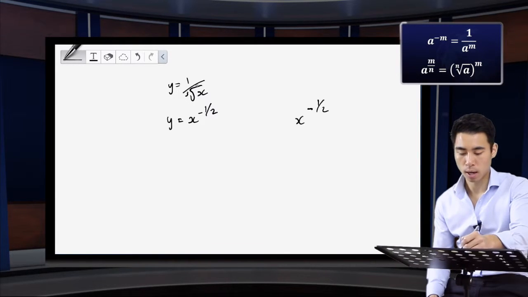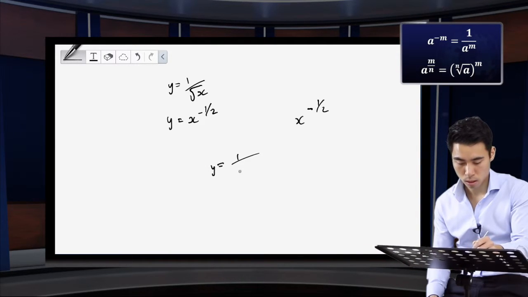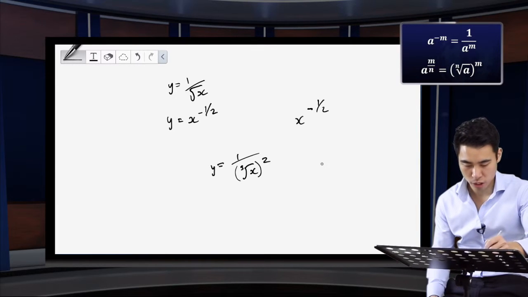If I had, say, this, okay, just applying your index laws there. On the bottom there, I would have x to the power of 2 over 3.